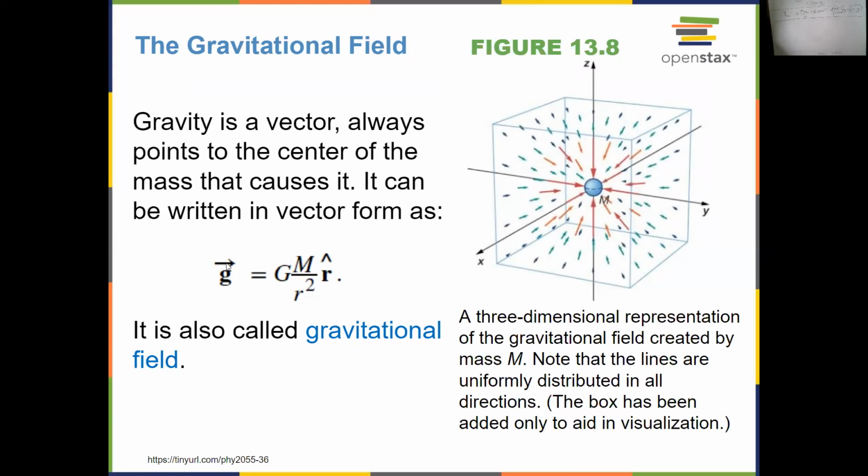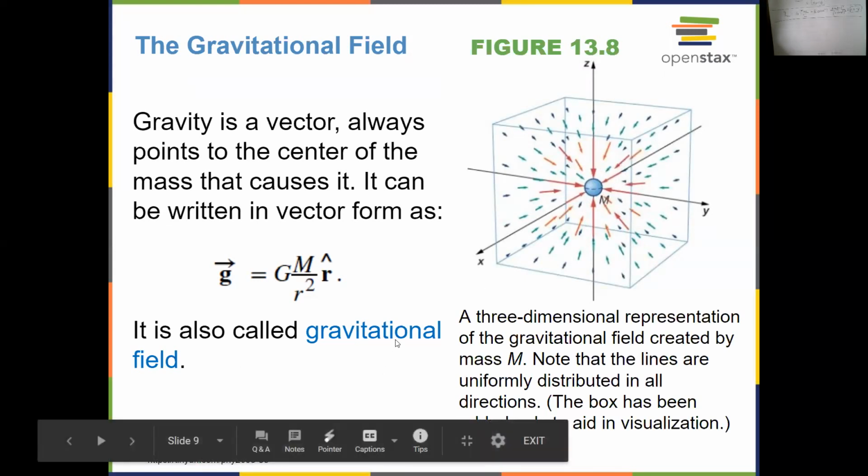So surrounding any object in the universe, there's a gravitational field from that object. Anywhere around it, if you place a second object, you will experience that force towards the center of this object. So this is called a gravitational field.